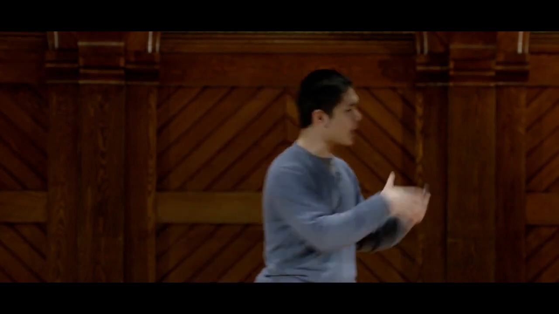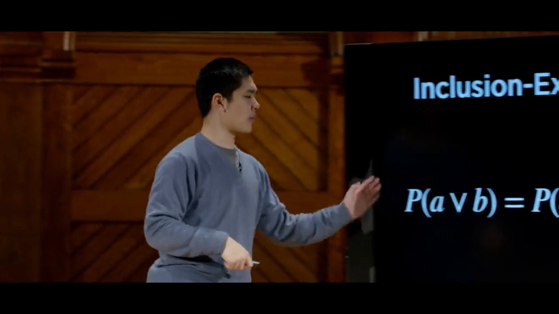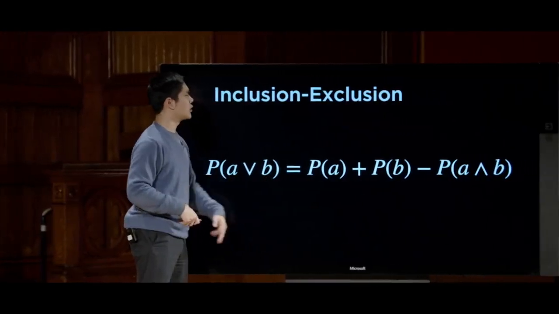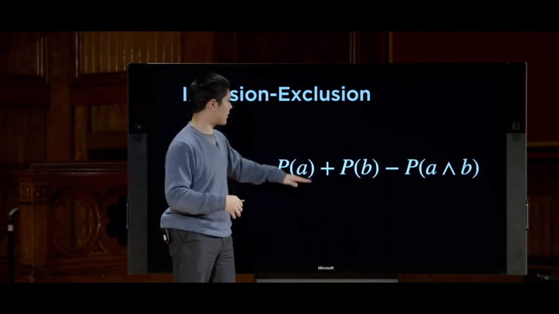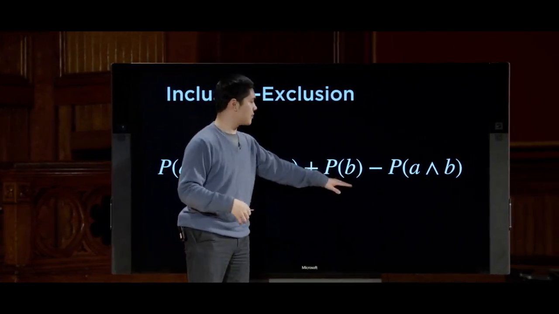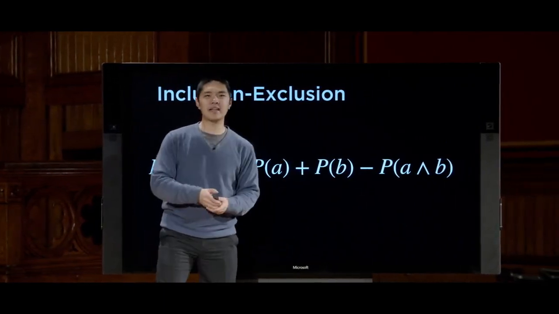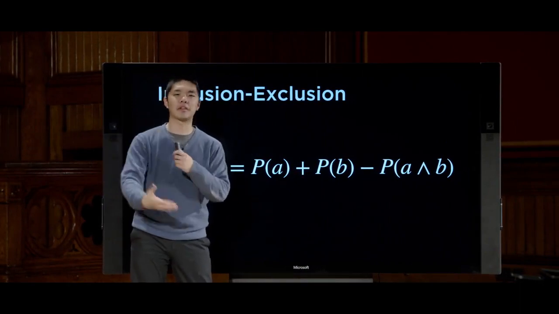But this suffers from a problem of overcounting, that we've double counted the case where both A and B, both the red die and the blue die, both come up as a 6 roll. And I've counted that instance twice. So to resolve this, the actual expression for calculating the probability of A or B uses what we call the inclusion-exclusion formula. So I take the probability of A, add it to the probability of B, that's all same as before, but then I need to exclude the cases that I've double counted.